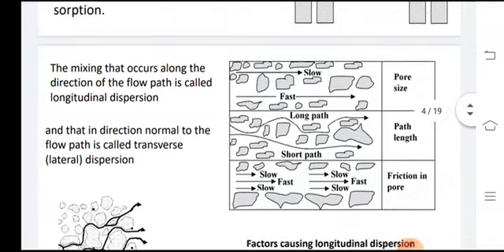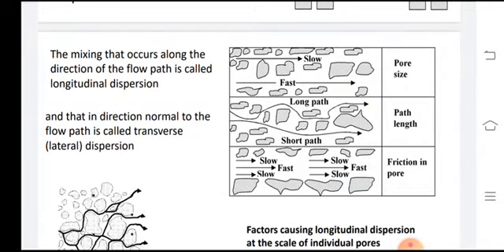So this is now another description of how our water is moving and how it is carrying the contaminant. First of all, through the pores, and then we have a path length for longer durations. Then we have friction in pores. All these are the different scenarios which are considered while talking about the movement of contaminant.